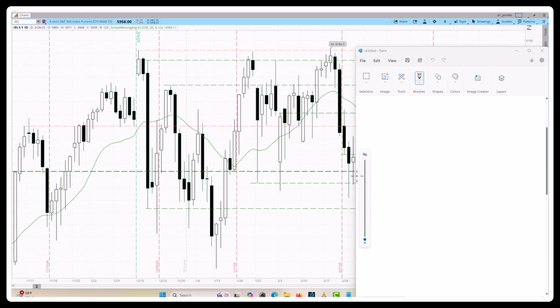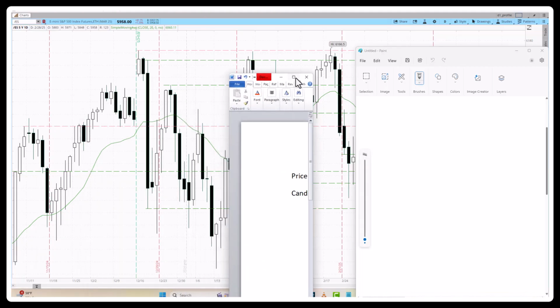Then it will break, if we go back to the level, it will break it. So it can be a short setup, or it can be a long setup. Then how do we eliminate one of them?